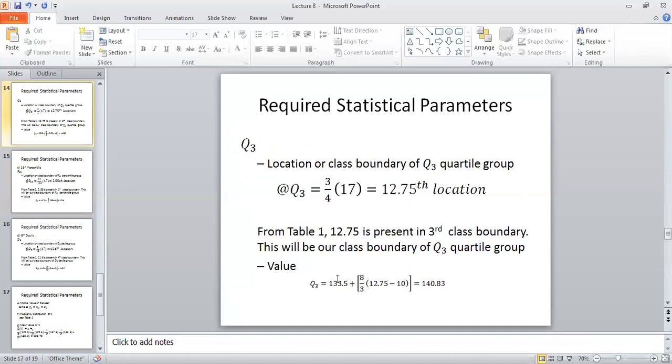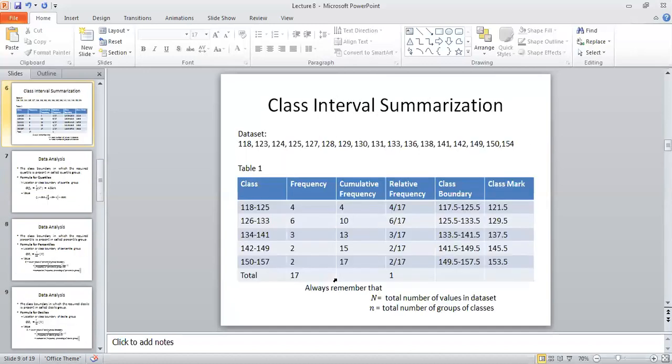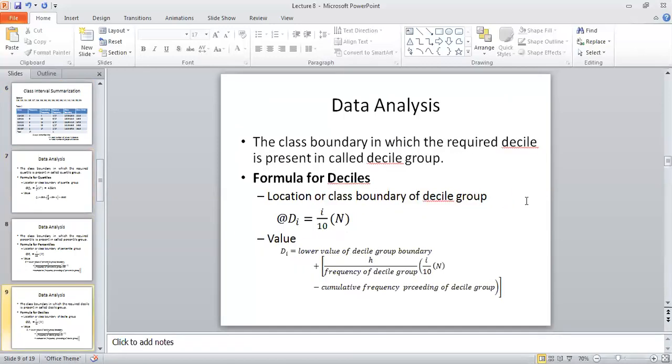These frequencies are the same that we had seen in this class interval table over here, like 4 upon 17, 6 by 17, 3 by 17, 2 by 17, 2 by 17 for the respective classes and for the respective class marks as well, right? So that's how we find this mean value.